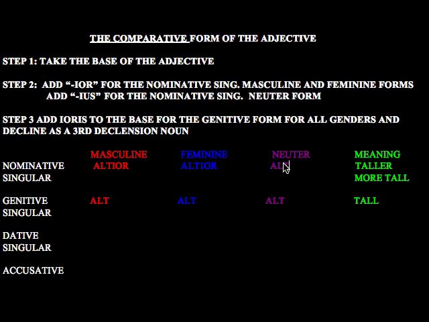Instead of adding IOR, you're going to add IUS. Okay? Now, for the genitive form of all three of these, you're just going to take your base, alt, and add IORIS.